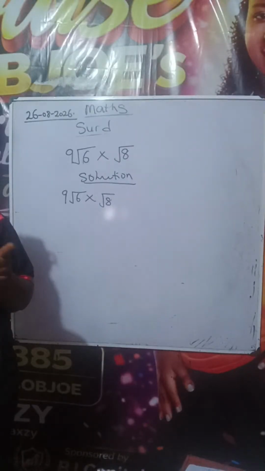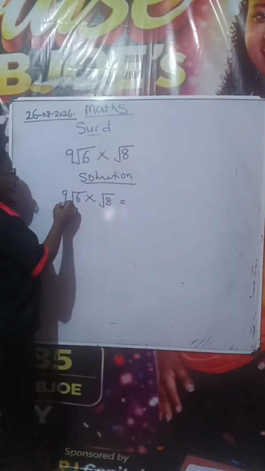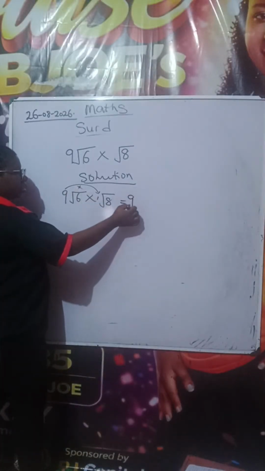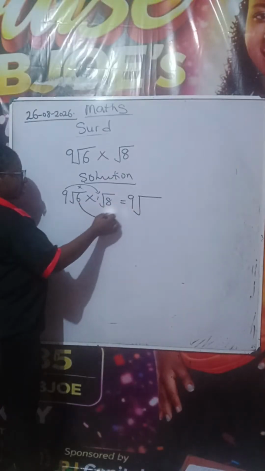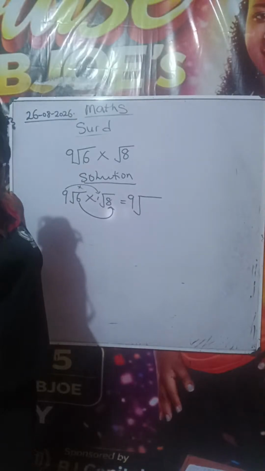So the 8 is just 1. That means you first of all multiply, you put the 1 by yourself, 9 times 1. You bring out 9. Put the root. 6 times 8.